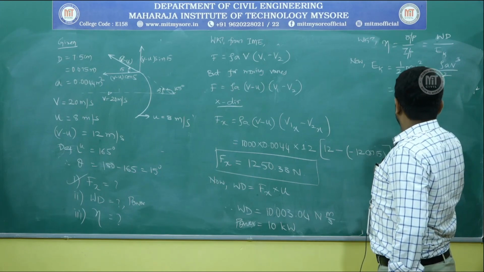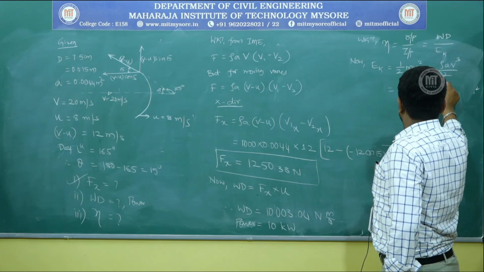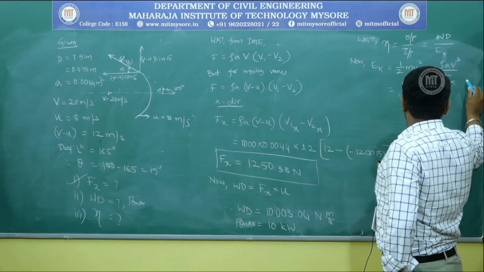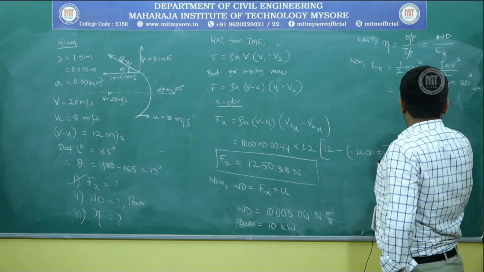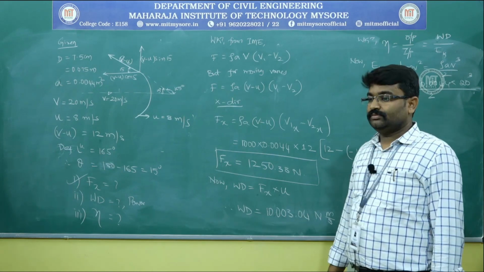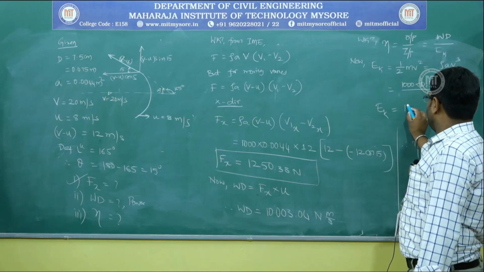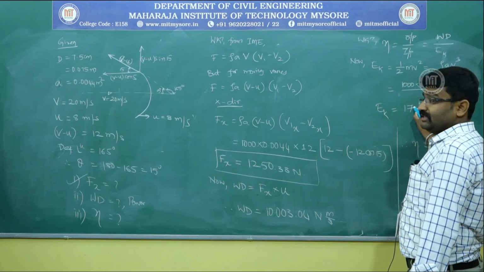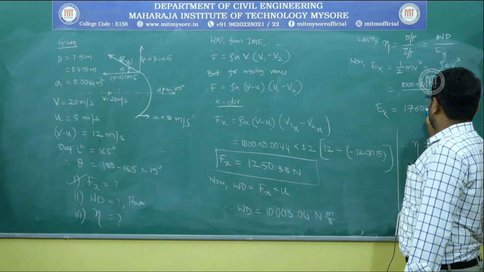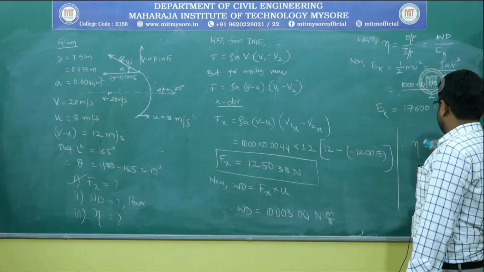So this is nothing but 1000 into 0.0044 into velocity is 20. V cube is 20 cube, whole divided by 2. 17600. Kinetic energy will be 17600 Newton meter per second.